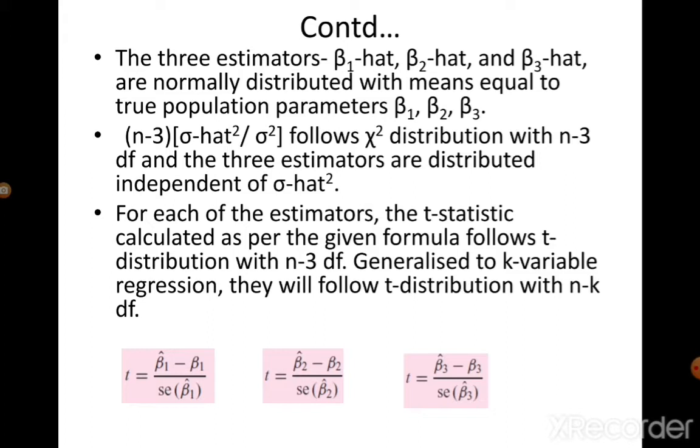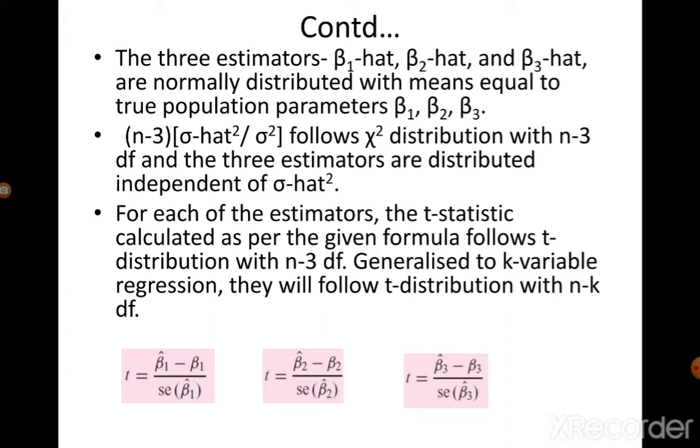So when we say that beta 1 hat, beta 2 hat and beta 3 hat are normally distributed, they are distributed with means equal to the true population parameters, and their standard errors or variances, the formulas of which have been discussed in earlier video lectures, so you can just look at the formula.